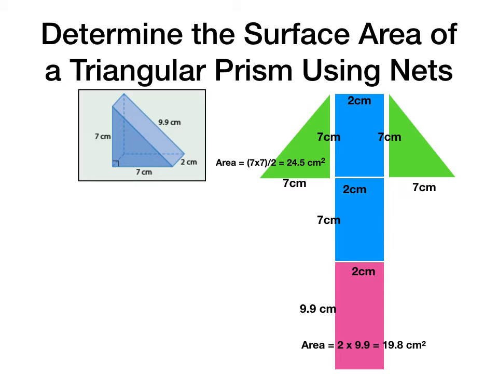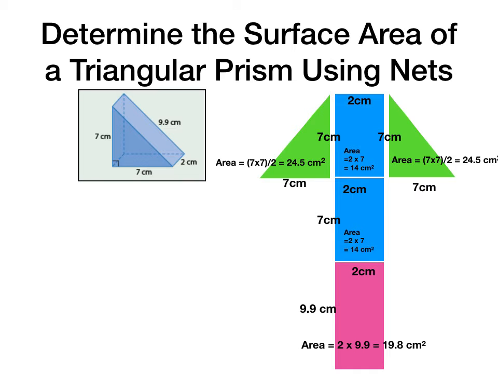Our top view rectangle is 2 centimeters times 9.9 centimeters, which gives an area of 19.8 centimeters squared. Then our bottom view has an area of 2 by 7, which is 14 centimeters squared, and that is the same area as our side view. Our other green triangle, the back view, has the same area as our front view, which is also 24.5 centimeters squared.